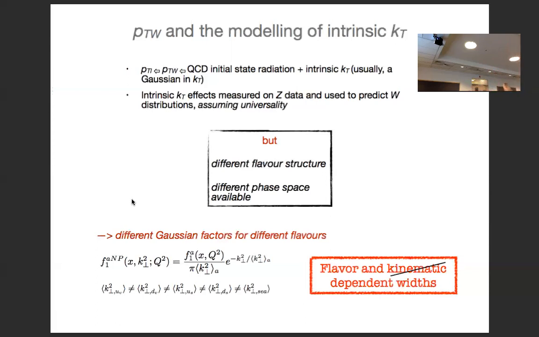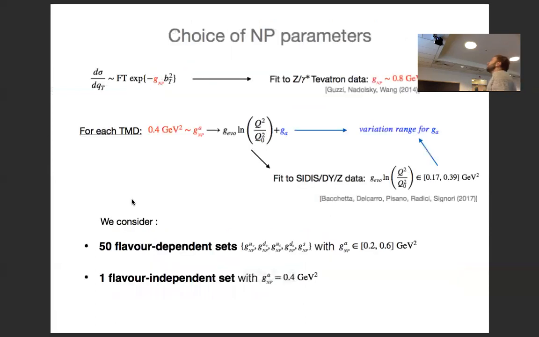So this universality that is currently used in hadron collider experiments is not motivated, and we're trying to prove that it's not motivated.